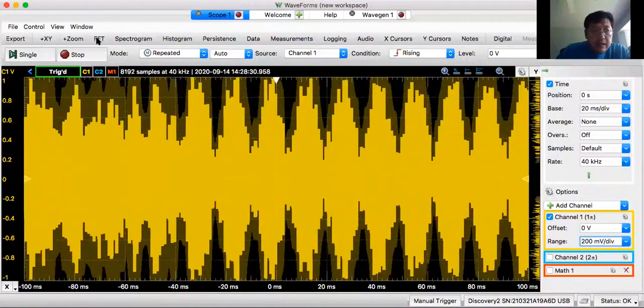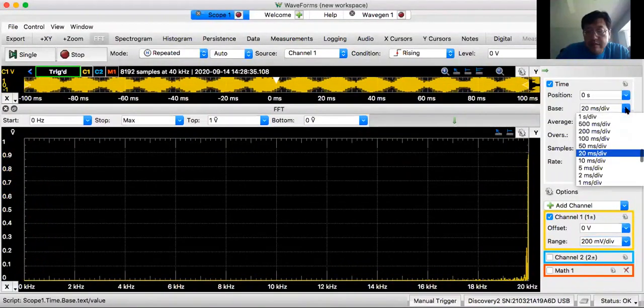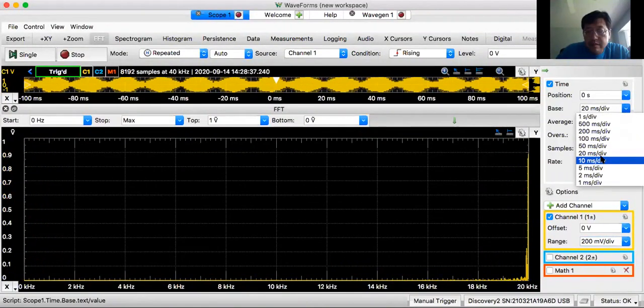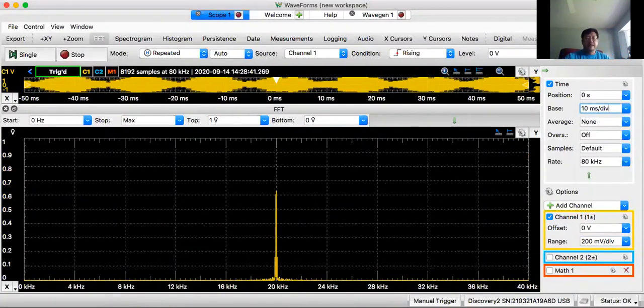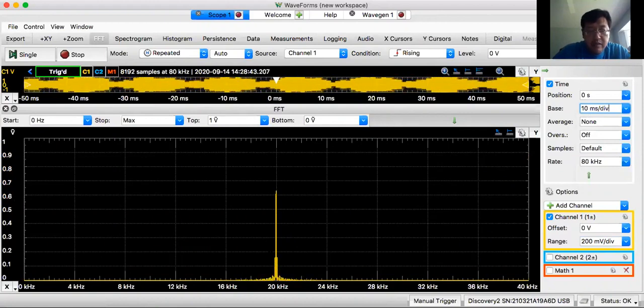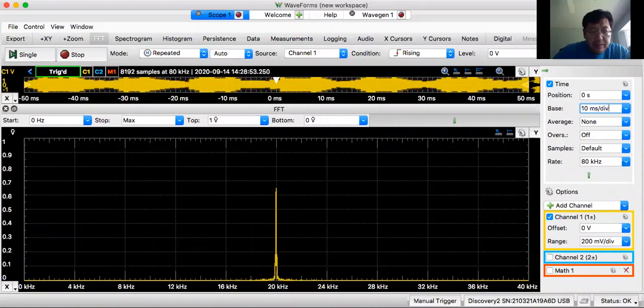So let's look at this. The bottom part, the yellow, is what this AM station looks like. The top half is the time domain. The bottom half is the frequency domain.